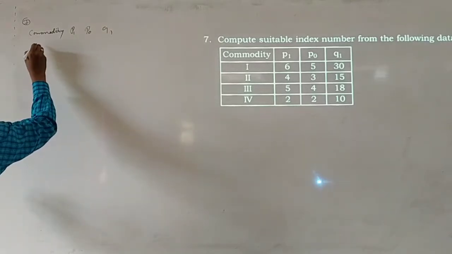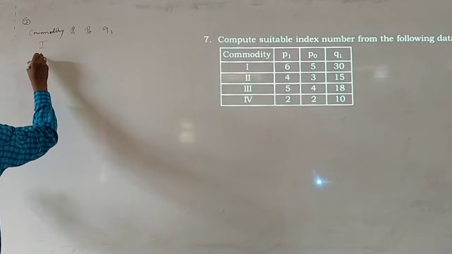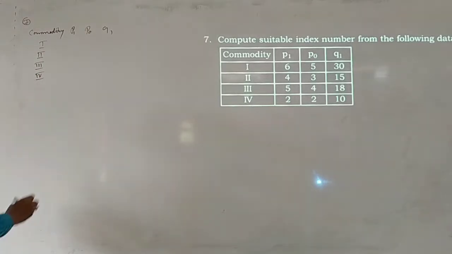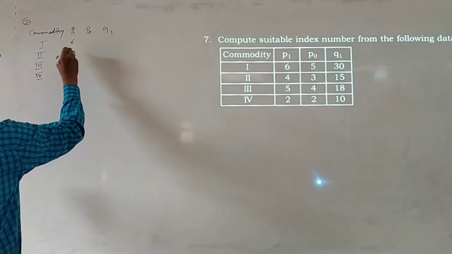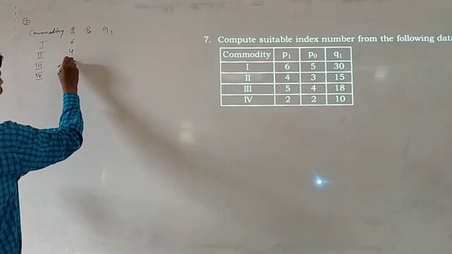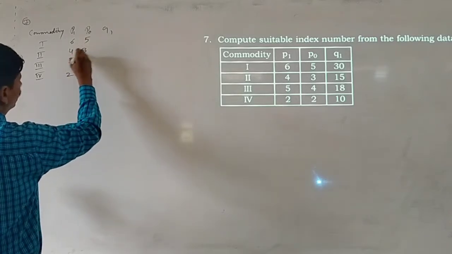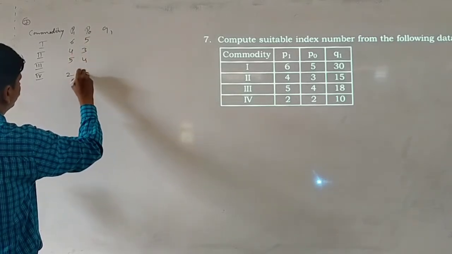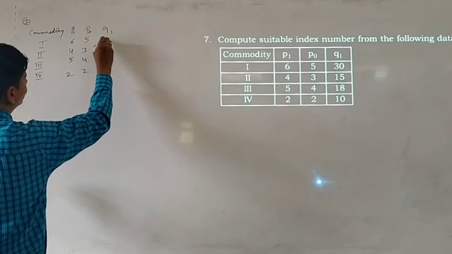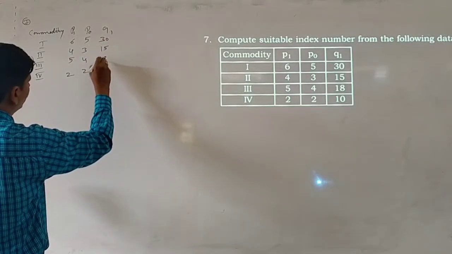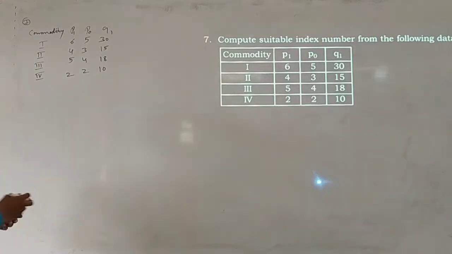Here commodities 1, 2, 3 and 4. Here Q1 values are 6, 4, 5, 2. P0 values 5, 3, 4, 2. Q1 values 13, 15, 18 and 10.